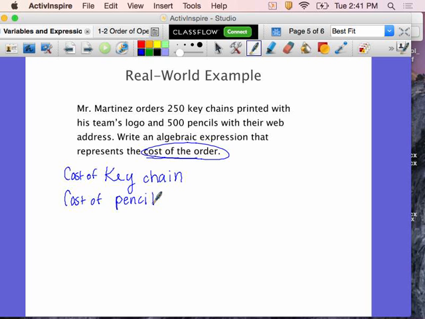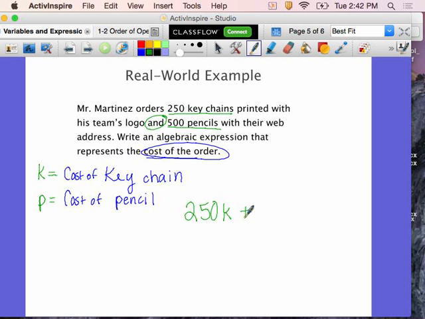Okay, so pick some variables for that, maybe K equals cost of keychains and P equals cost of pencils, and then you can put it together. We have 250 keychains and 500 pencils, so it's an expression, so we don't need an equal sign. So we can go ahead and write what we're going to do. We're going to pay for 250 keychains times how much they cost, times K. We're going to pay for them a whole bunch of times.